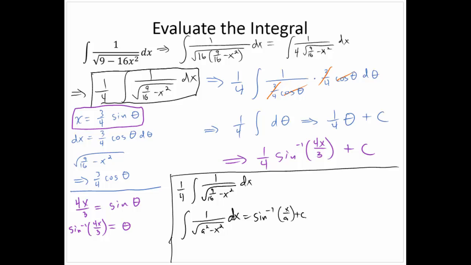In fact, that was one of the ones you're supposed to have memorized. And so now the a is just 3/4. So from that point, we could have gone straight with this formula and written that this is 1/4 times sine inverse of x over 3/4 plus the constant, which again becomes 1/4 arcsine of 4x over 3 plus the constant.